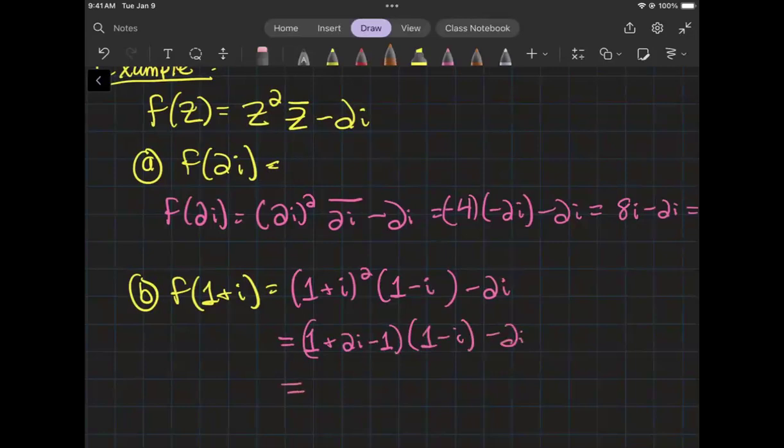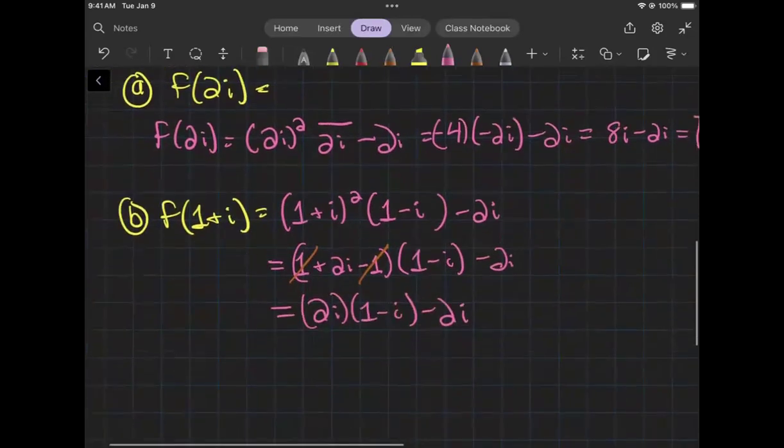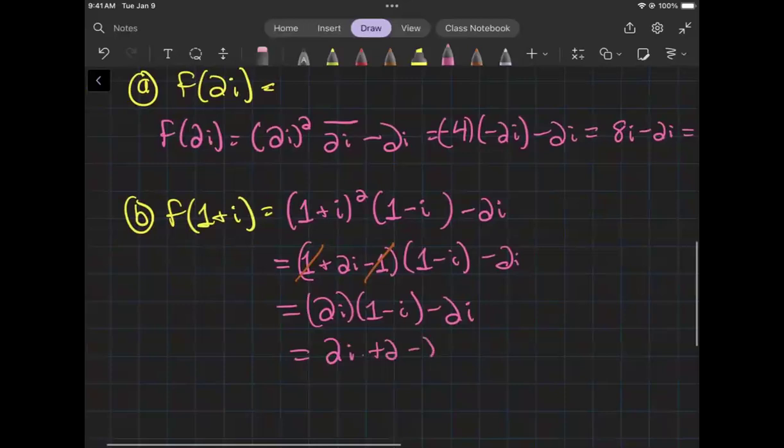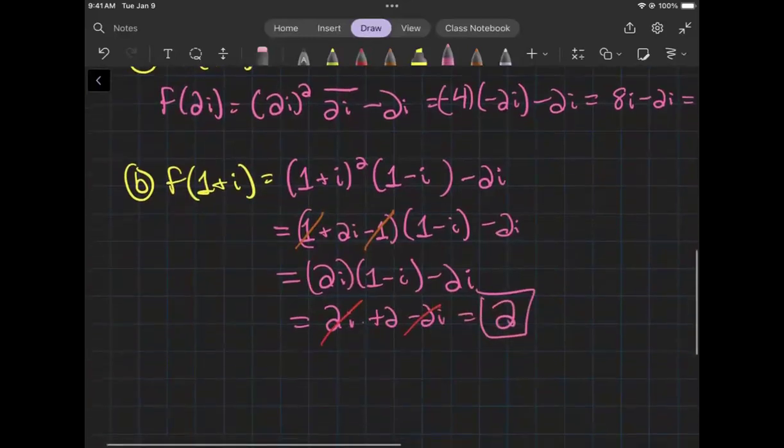The ones will cancel right here, and you'll have 2i times 1 minus i minus 2i, right? And so this equals 2i minus 2i squared, so that's plus 2 minus 2i. The 2i's will cancel, and this equals 2. All right.